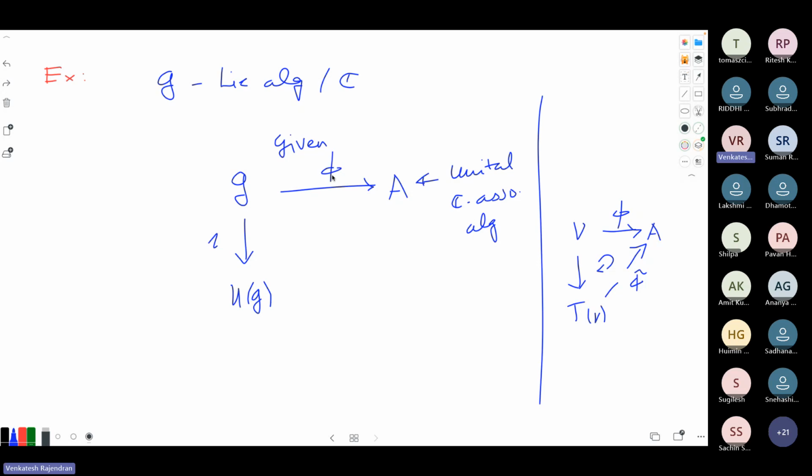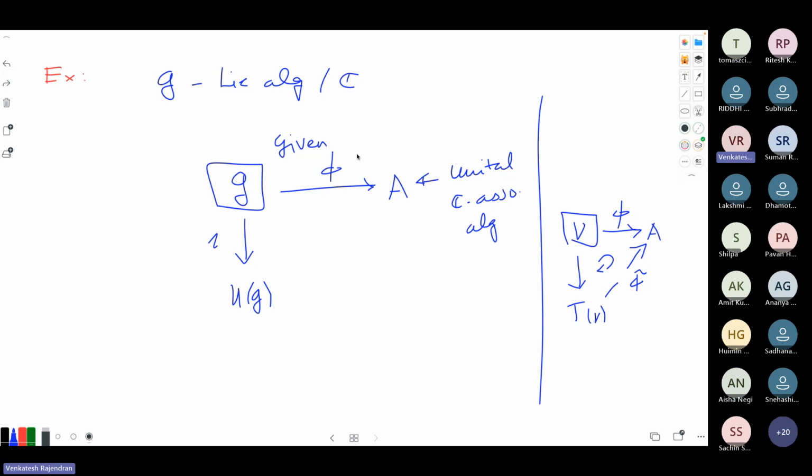Now, given this pi, what is this pi? Like I said, depending upon the objects that are there, you need to decide the morphisms. That is one way to remember things. But here, this V didn't have any structure. It had only C linear structure. But note that here G has both C linear structure as well as Lie algebra structure.